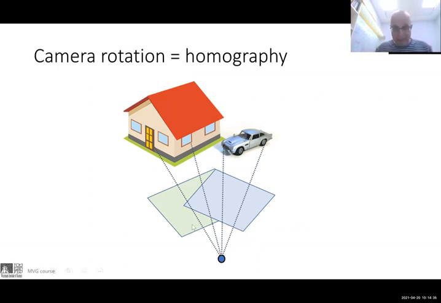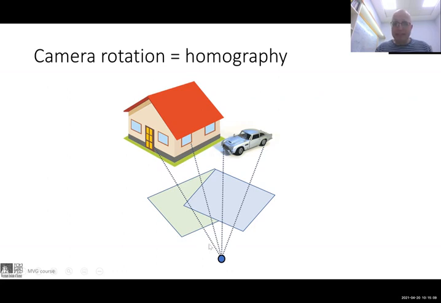Now regarding a question I was asked before, this diagram basically tells you what's going on with projective transformations, in this case with rotation. We take the same pencil of rays and we slice them with two planes. The lambdas that we saw before are related to positions along the rays.